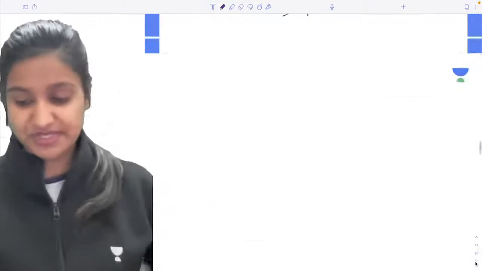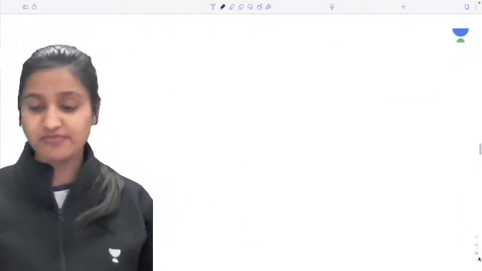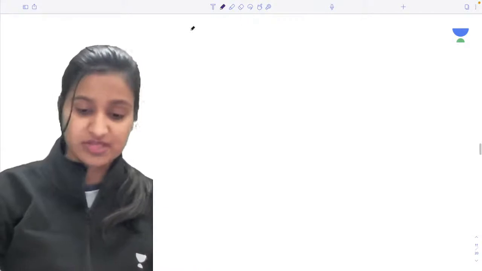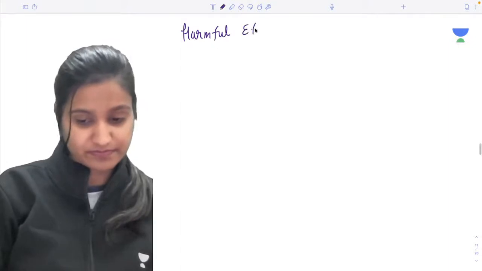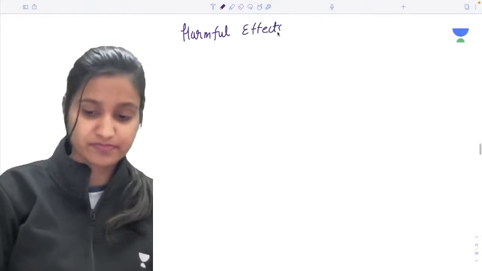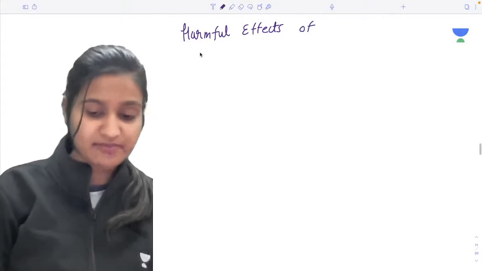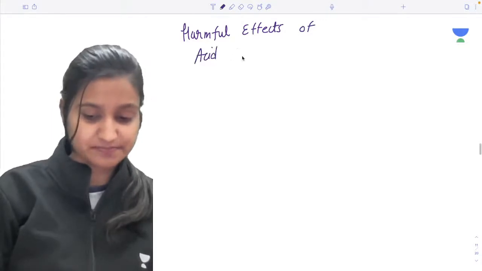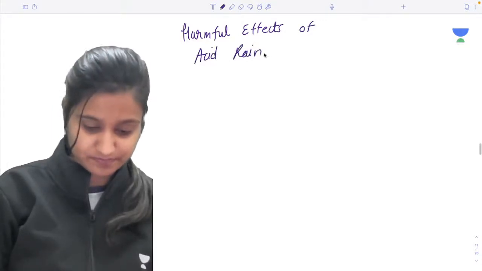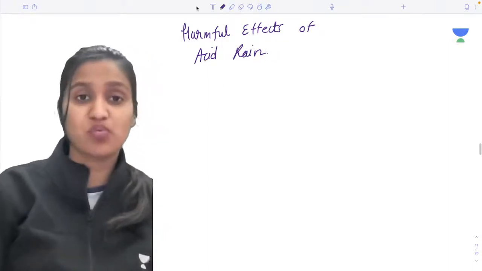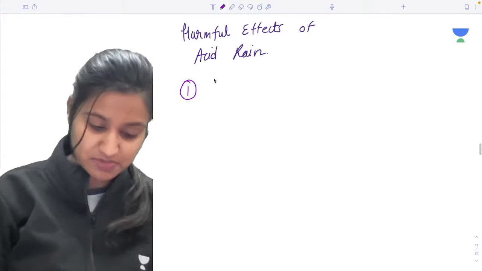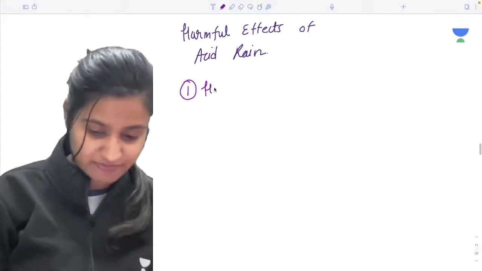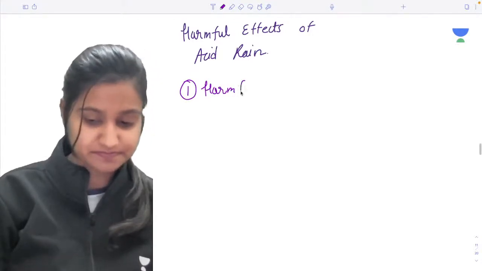If we look at the harmful effects of acid rain, number one is that it is harmful for agriculture.